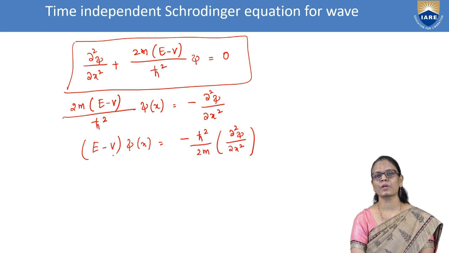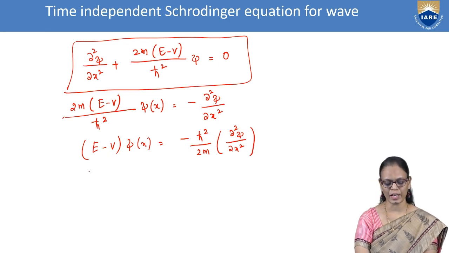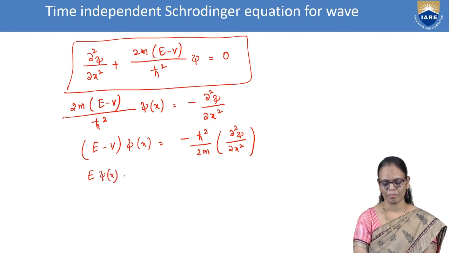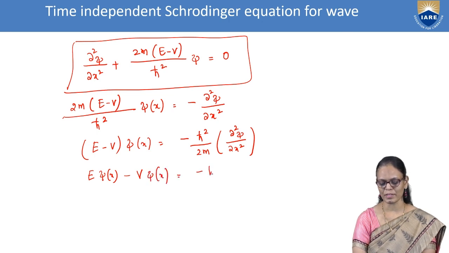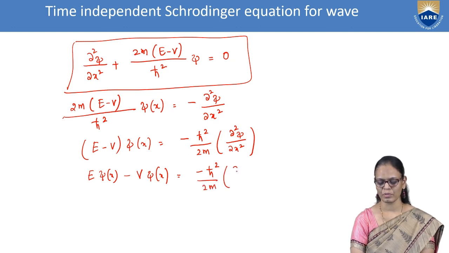Now we will take the potential V also onto the other side. Here I'll split it and write E as a function of psi of x, minus V, is equal to minus h cross square by 2m into dou square psi upon dou x square.